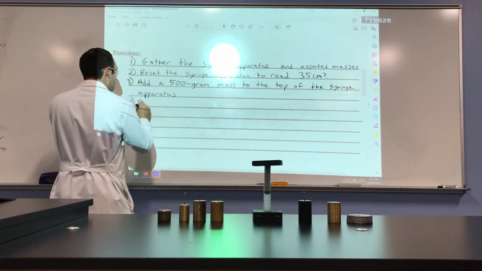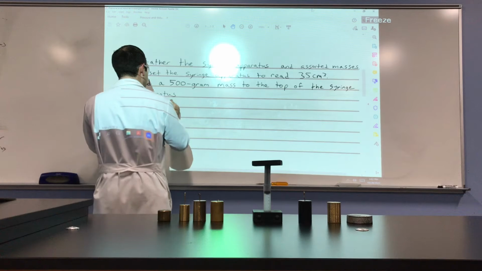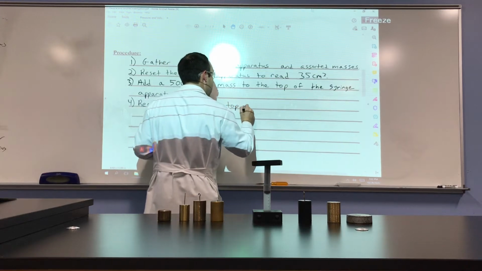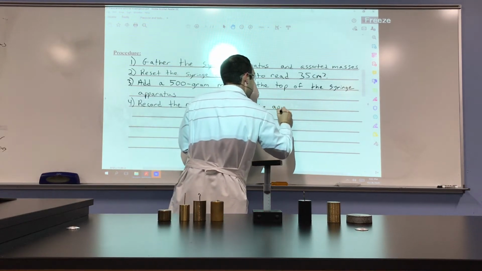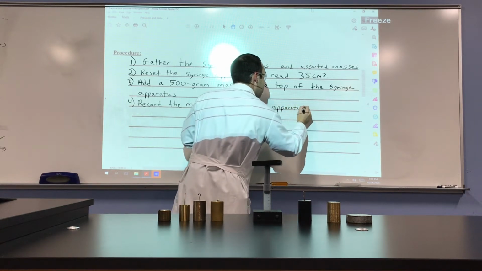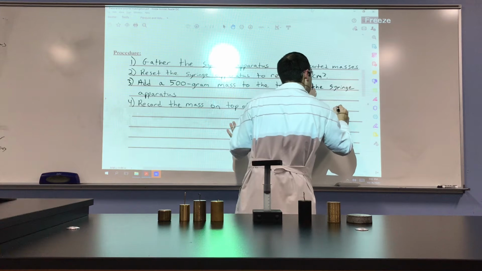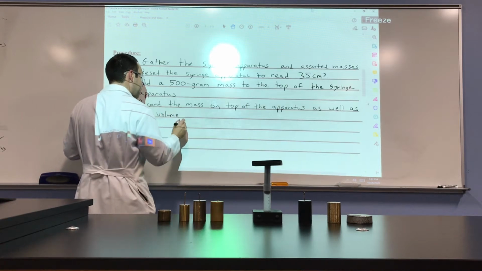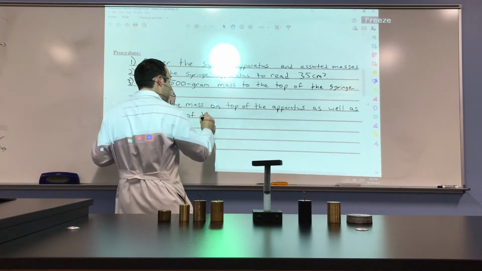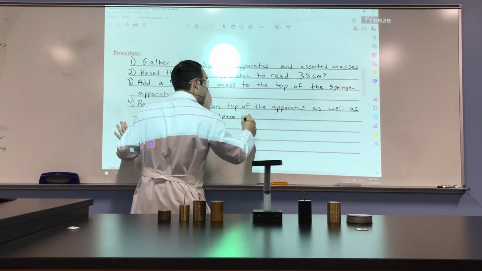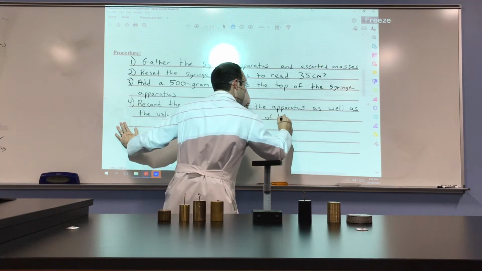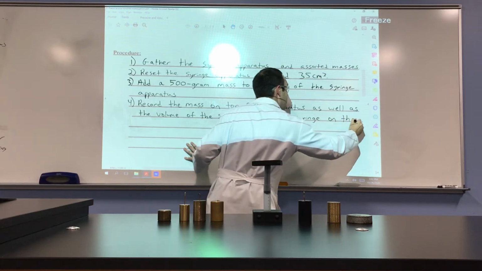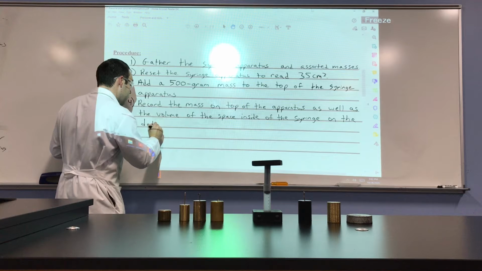Step 4, record the mass on top of the apparatus as well as the volume of the space inside of the syringe on the data table.